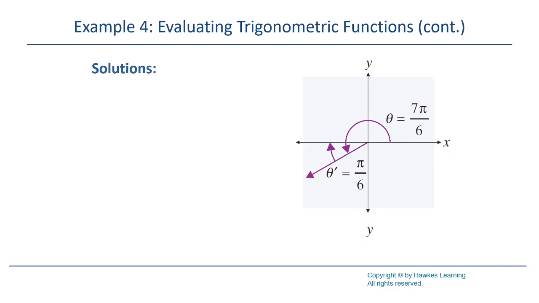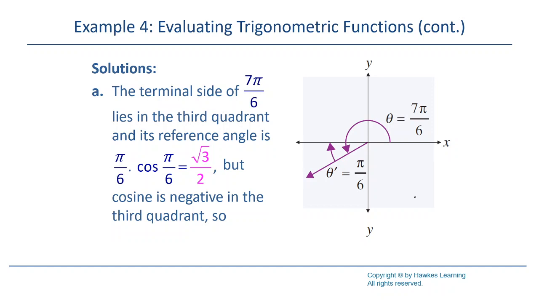Like before, if I rotate to there and then subtract pi from it, I get pi over 6, which is cool because I actually know how to deal with pi over 6. Because I know that cosine of pi over 6 is equal to the square root of 3 over 2.